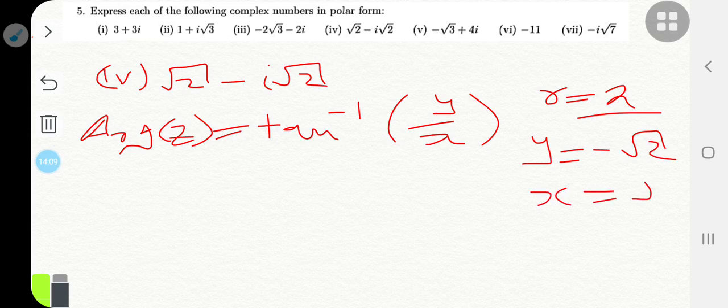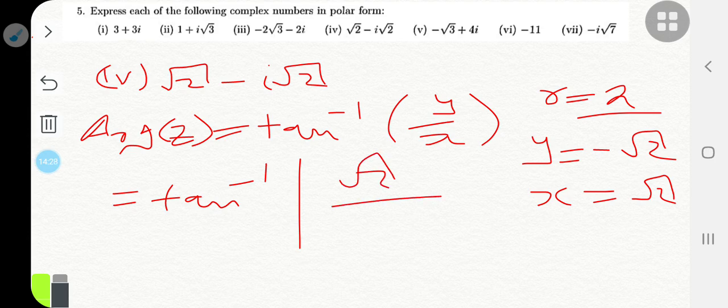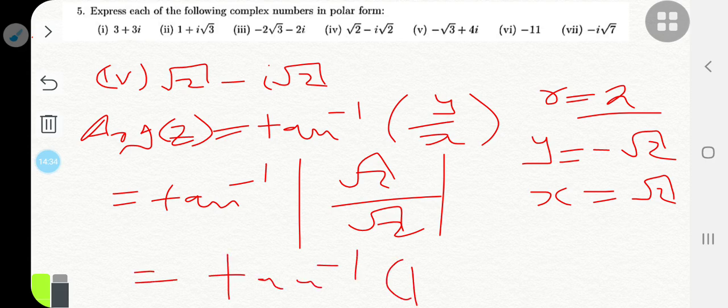My y is the negative root of 2, and my x is the root of 2. So my argument will just be equal to the tan inverse of the root of 2 over the root of 2, and this will just give me the tan inverse of 1.